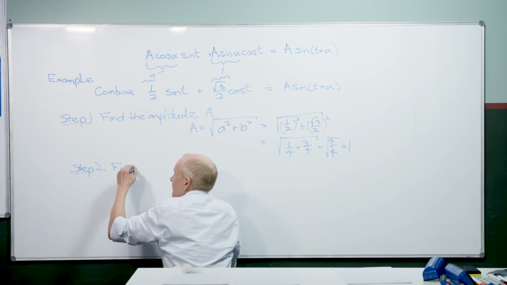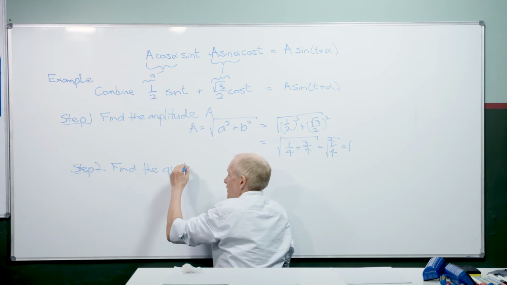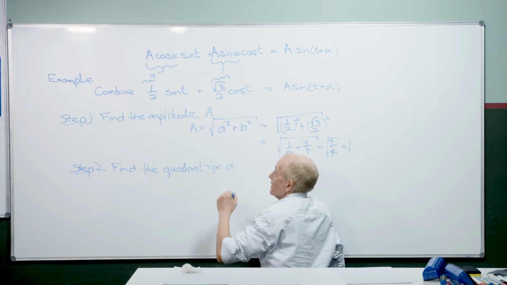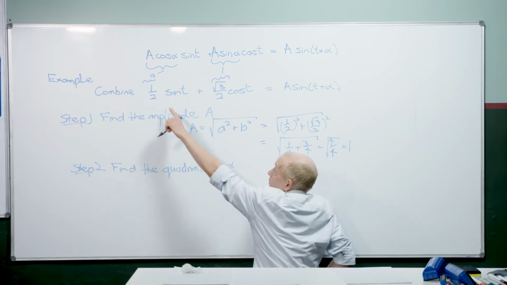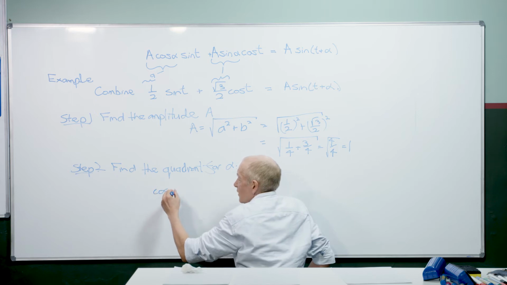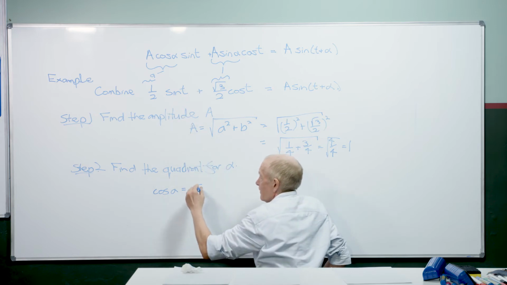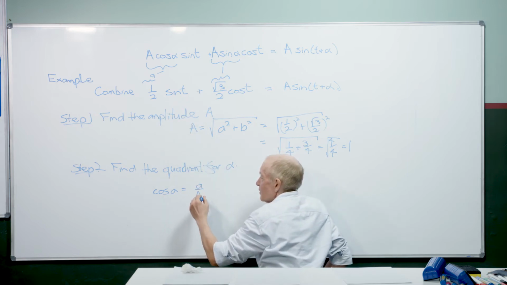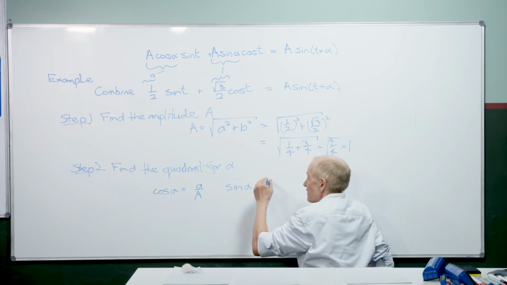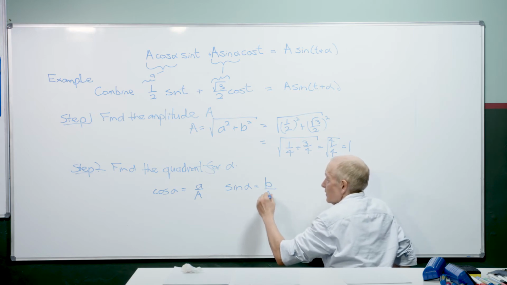is to find the quadrant for alpha. So to do this, we know that cos of alpha is the thing in front of the sine divided by the amplitude, and sine of alpha is the thing in front of the cos, our b, divided by the amplitude.